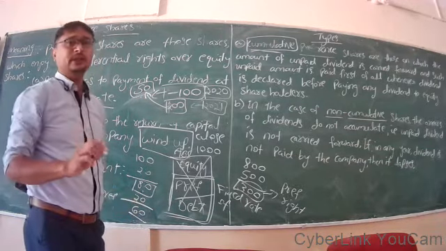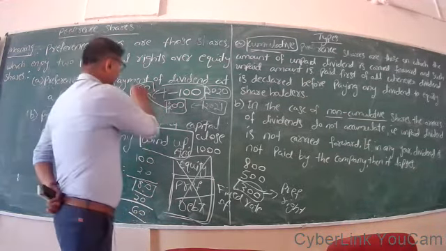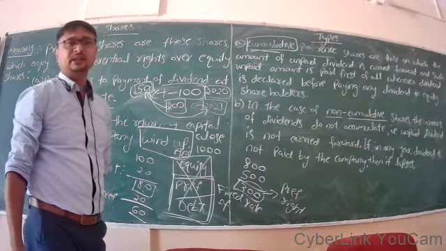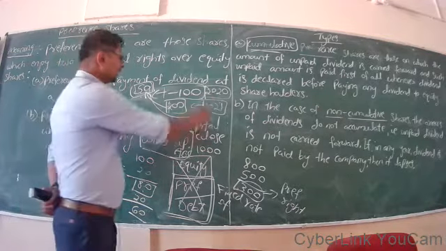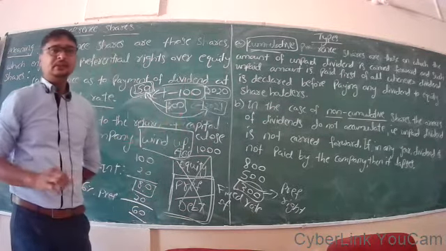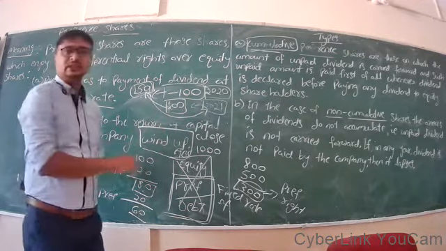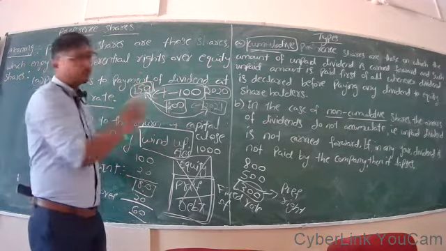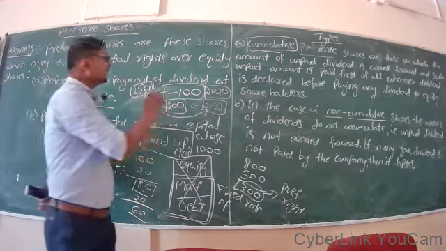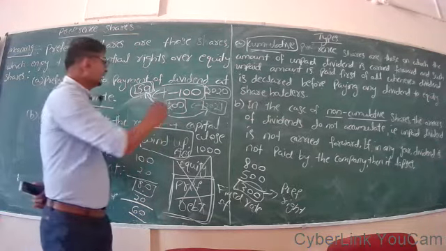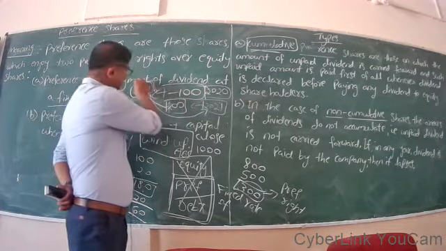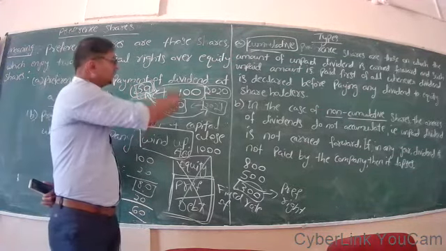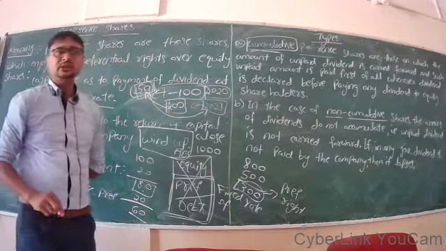That is cumulative shares, because unpaid dividend is carried forward to the next financial year. In 2020, the company was under loss, so since it is under loss, dividend is not paid. If there are cumulative preference shareholders, then they have the right on previous years' unpaid dividend, the unpaid amount of the financial year 2020.